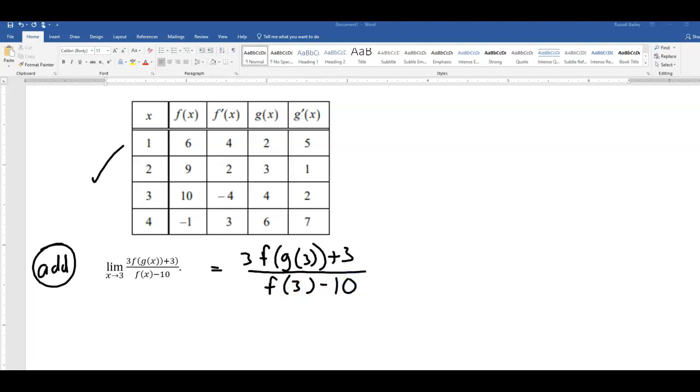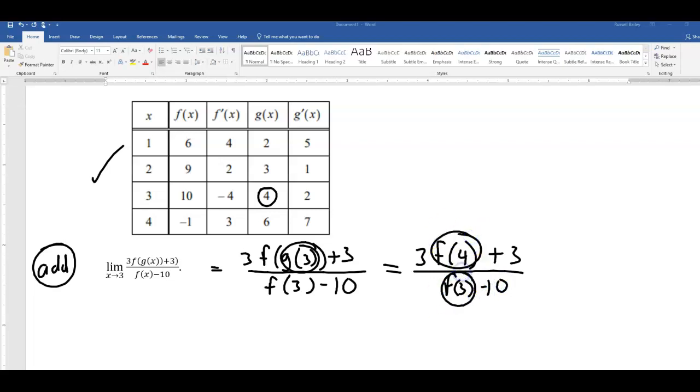So I plug in the 3. Now we're going to evaluate it. So g of 3 is 4. So I've got 3 f of 4 plus 3 over f of 3 minus 10. Next, we're going to go ahead and find out what f of 4 is and what f of 3 is.